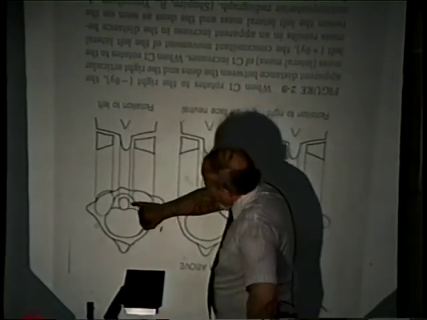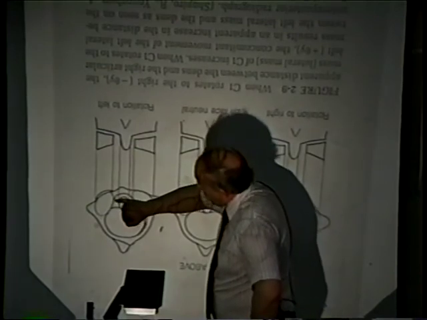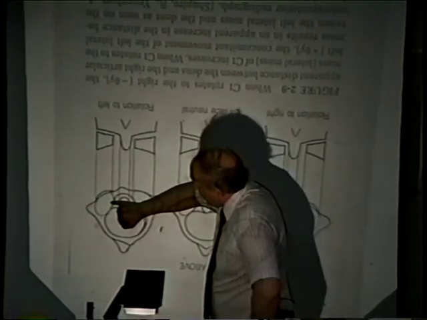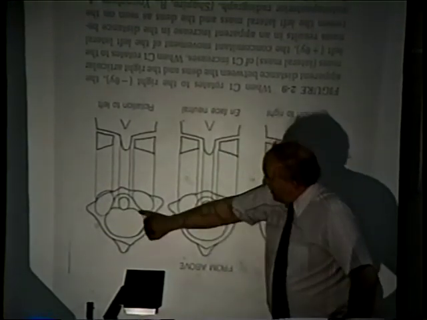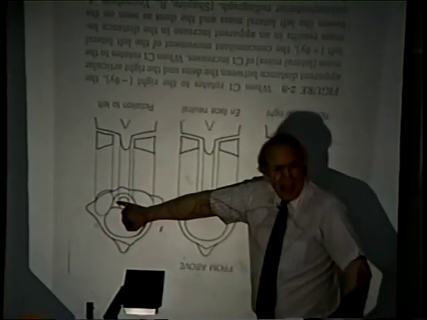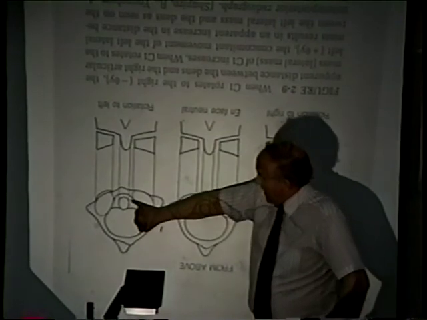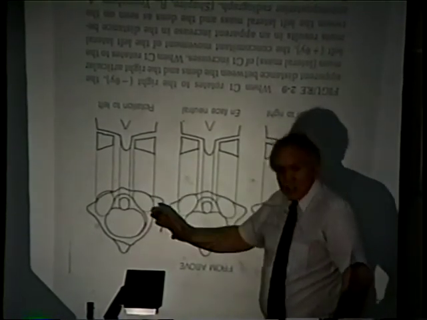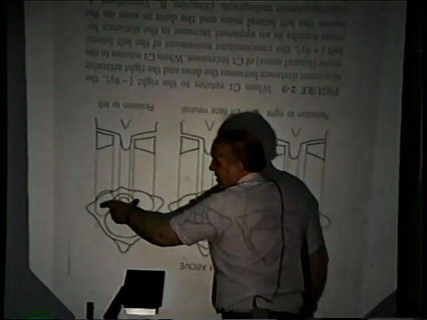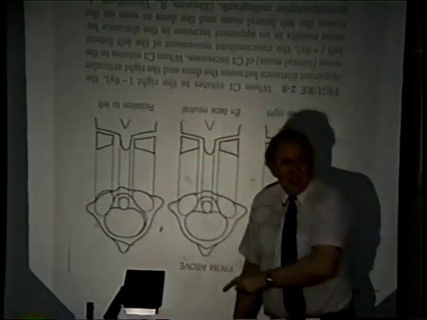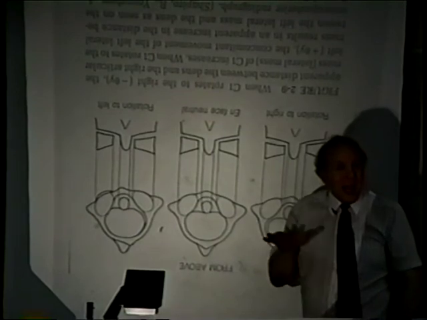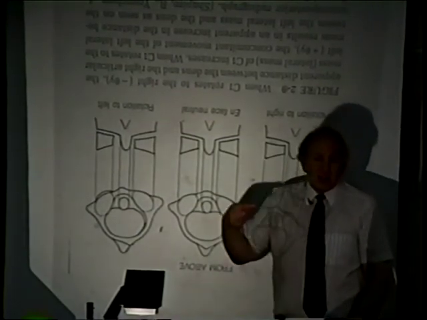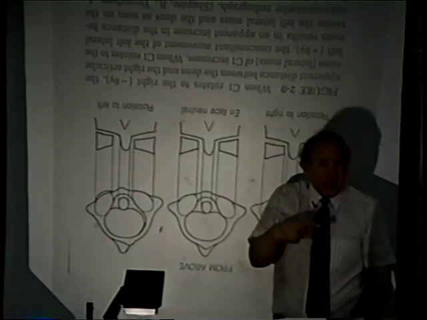And we get a greater space that appears between the dens and the facet of the atlas, as compared with that side. See that line there and that line there, there's a much greater space. And the question is, has that slid like this? Is there a translation of the atlas as we go into this sort of rotation, in the same direction as the rotation?